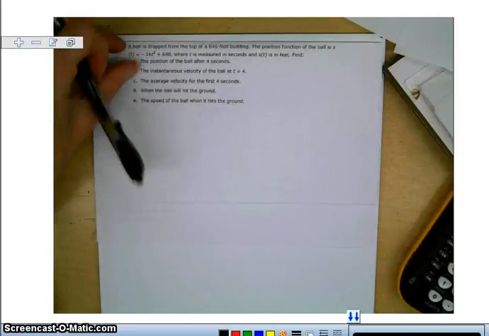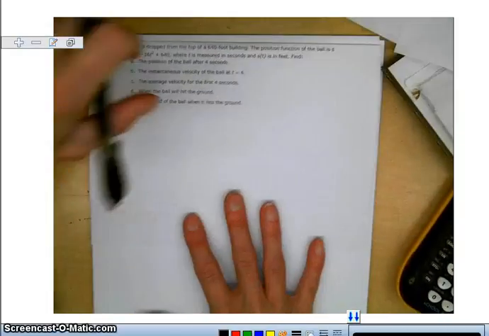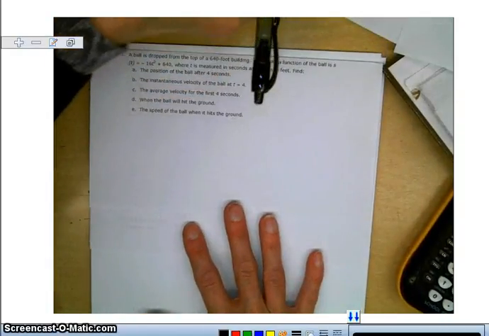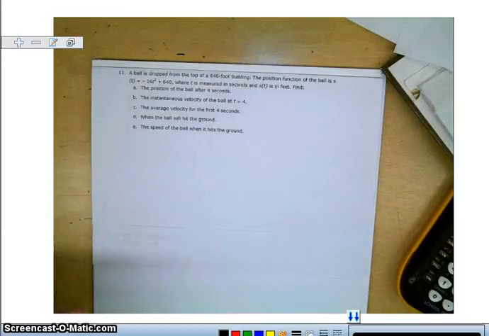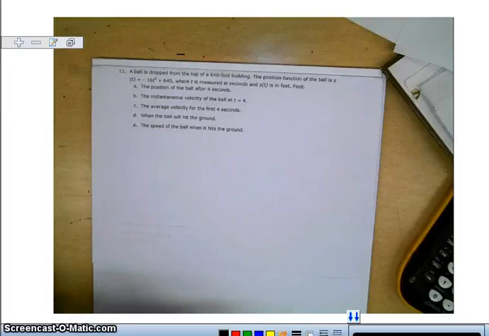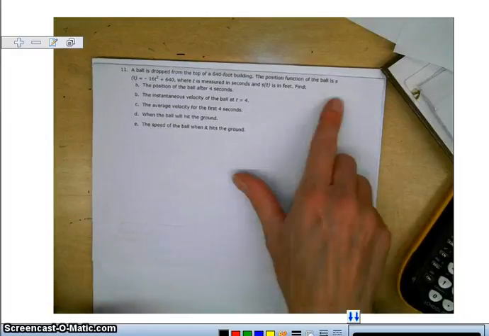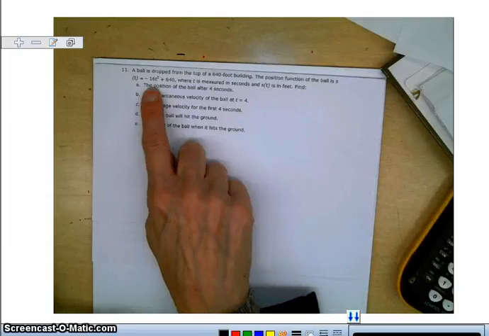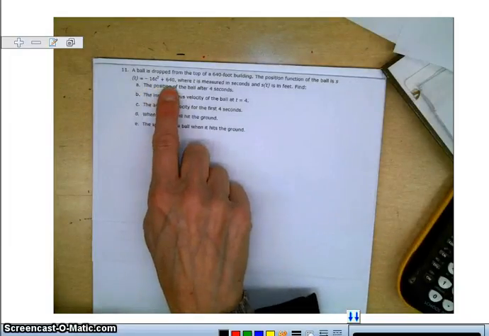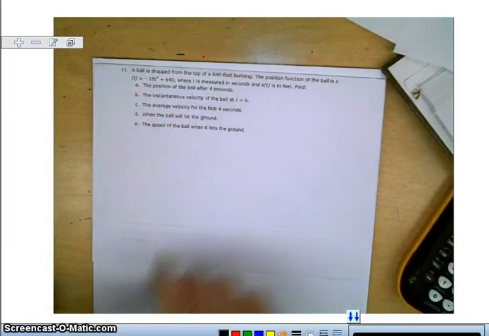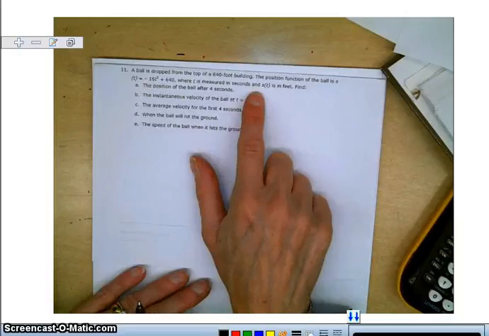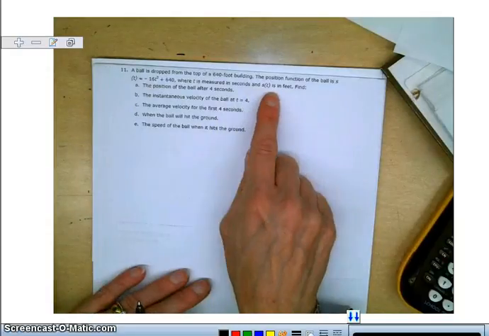Okay, so here's our first example. A ball is dropped from the top of a 640-foot building. The position function of the ball is S of t equals negative 16t squared plus 640, where t is measured in seconds and S of t is in feet.